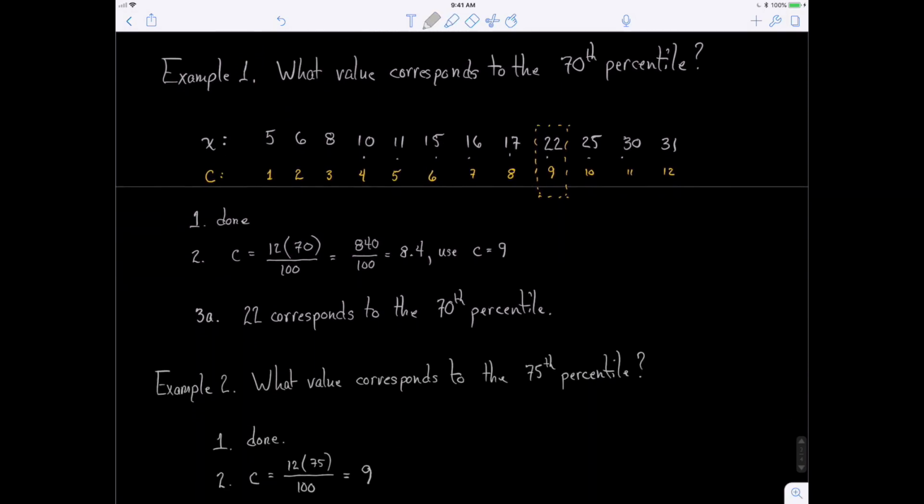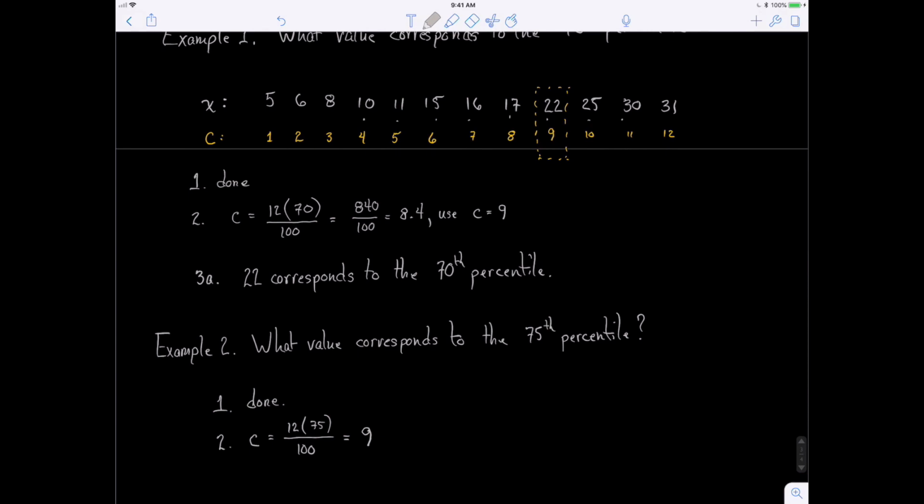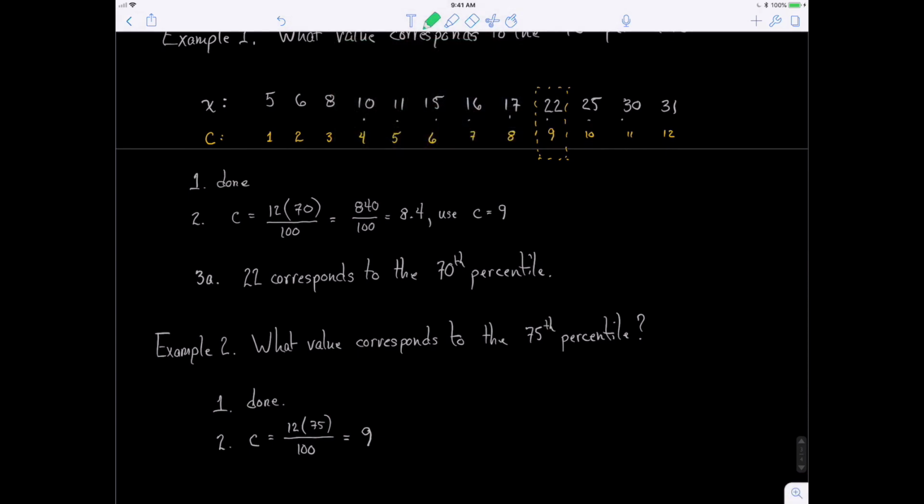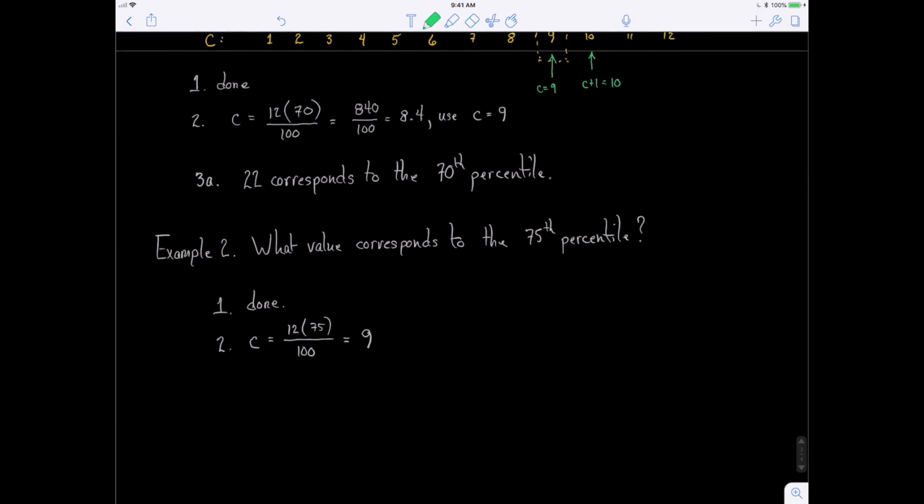Notice that here is C equals 9 right here, and here is C plus 1, which is 10. In other words, I need to find the midpoint of 22 and 25.